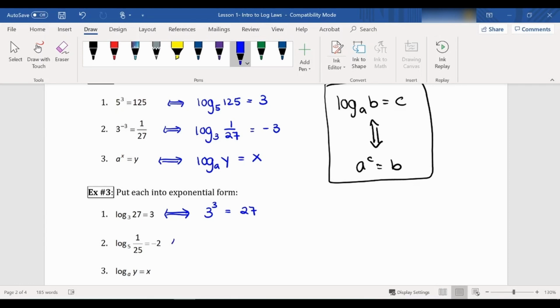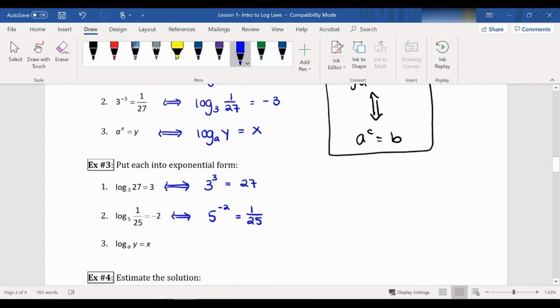The next one, our base is 5. Our exponent is our C value, which we can see from our equation in black here is actually -2. And 5 to the power of -2 equals 1 over 25. Again, the last one, we don't actually have any numbers.